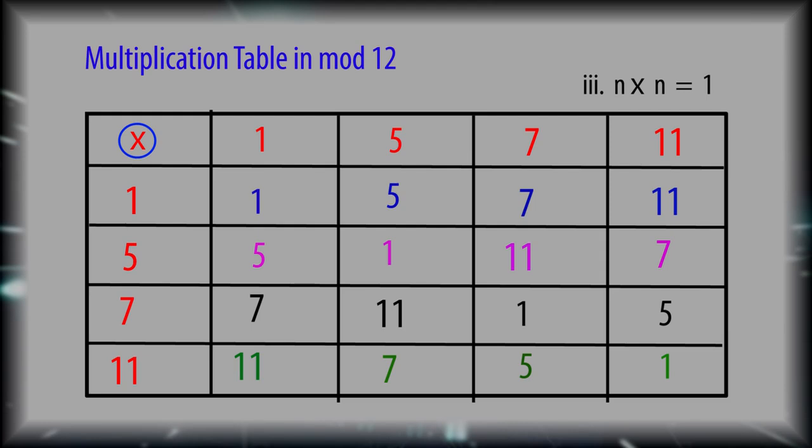And 11 times 11 is 1. And so our answer to that question will be made up of all those numbers. So our truth set will say n is equal to 1, 5, 7, and 11.